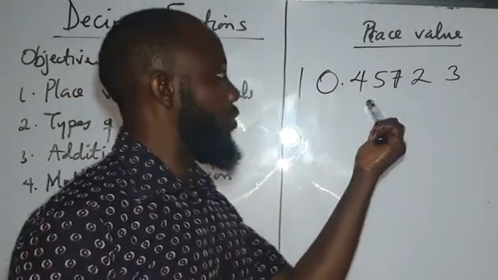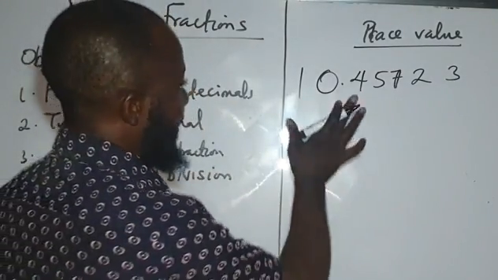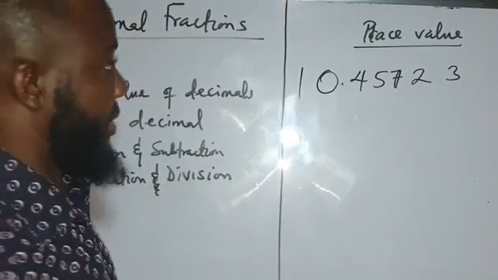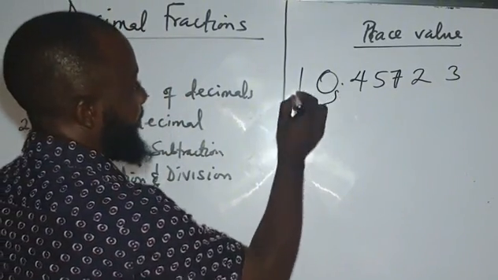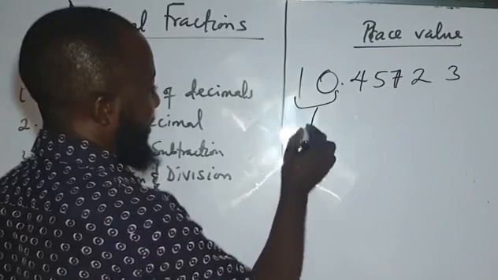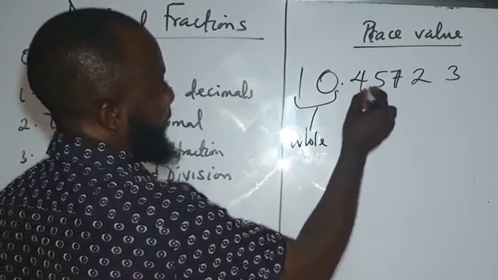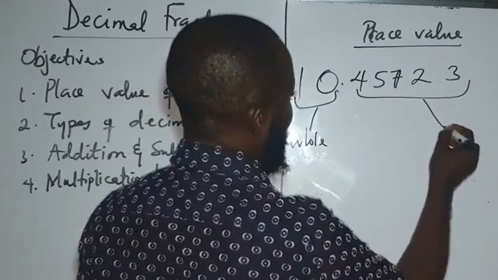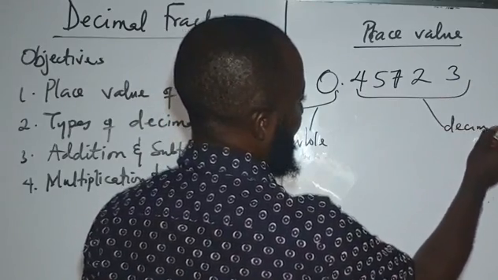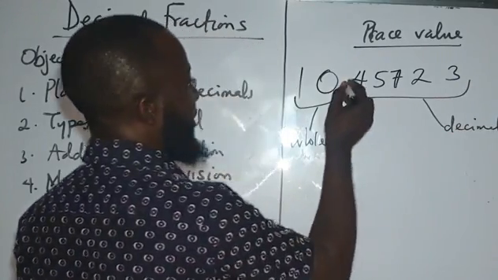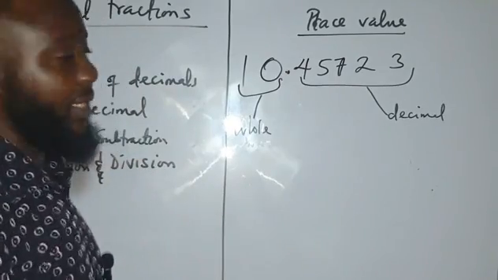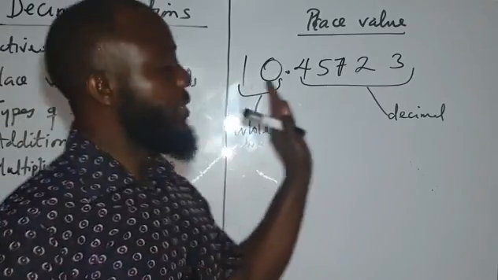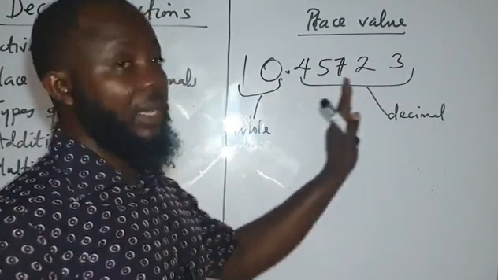We want to find the value of everything here. So this number is divided into two parts. The first part here is the whole part, while this part here is the decimal part, right? So this is the decimal point. Immediately after the decimal point, all the digits we have there are under the decimal part.